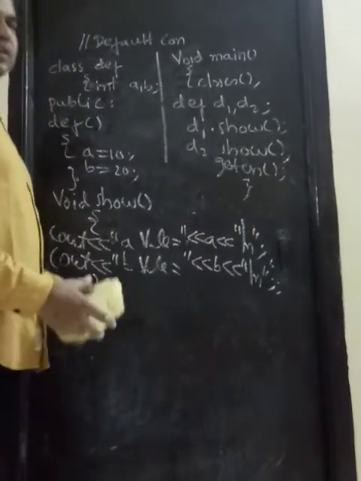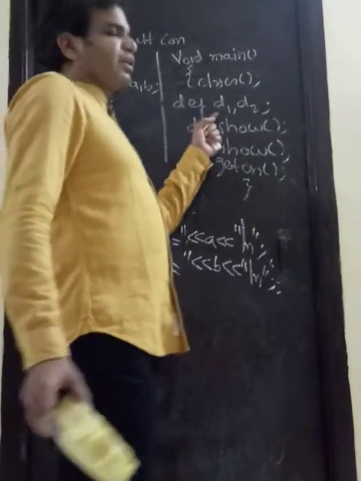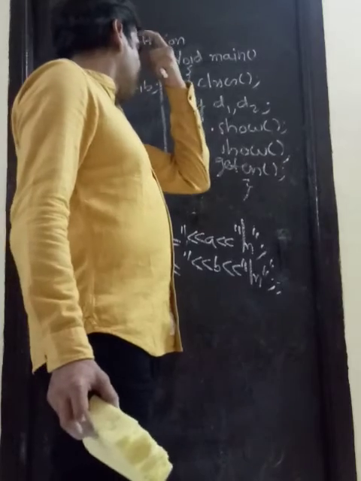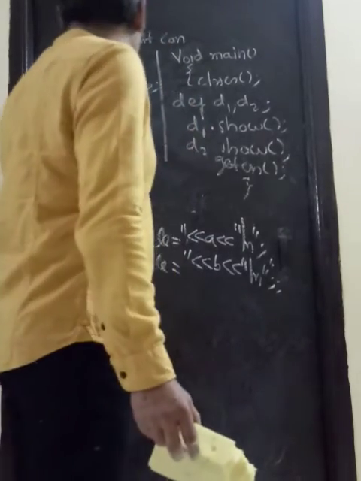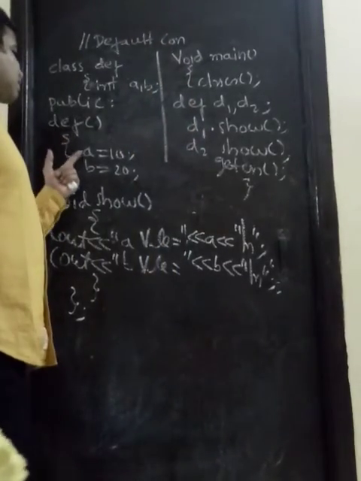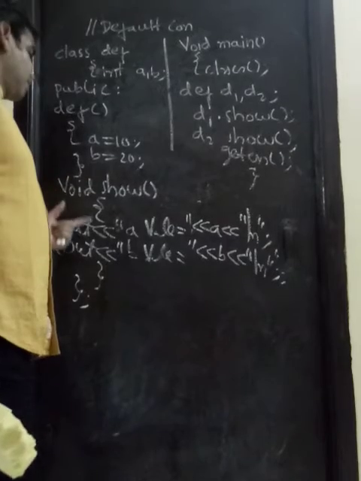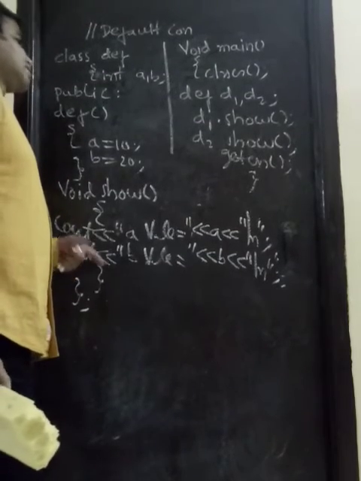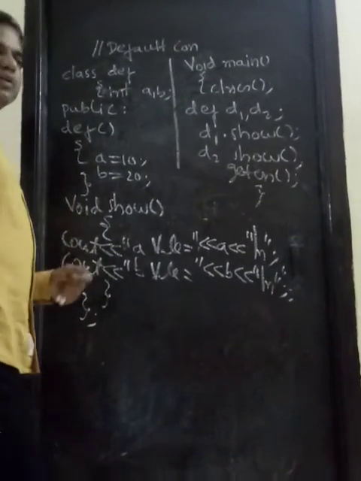Here twice I am directly creating d1 and d2. So d1 dot show will display a value 10, b value 10, and the second time it will also display a value 10, b value 10.